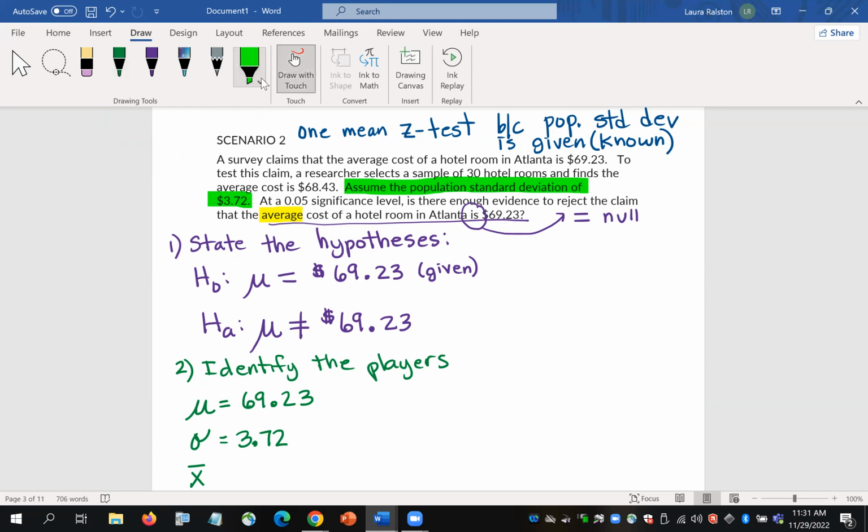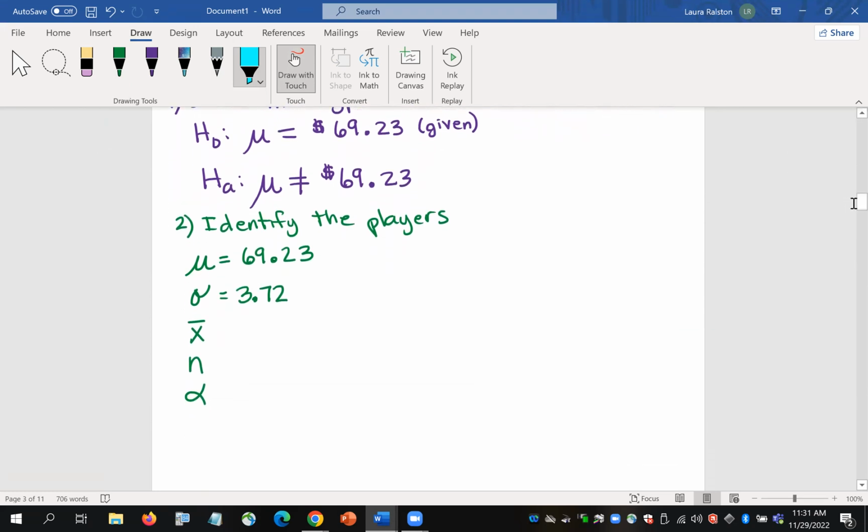If I back up one sentence, it says, to test the claim, a researcher selects a sample of 30 hotel rooms and finds the average cost is $68.43. So that tells me that my sample mean is $68.43, and she checked 30 rooms.